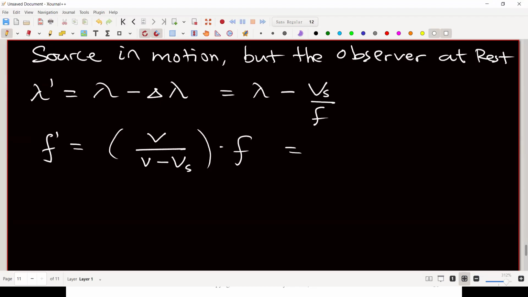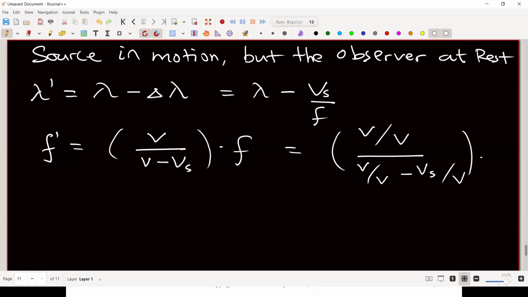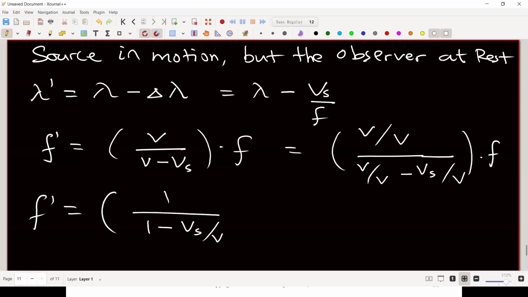So this one becomes v divided by v minus Vs divided by v times frequency. So f prime becomes 1 divided by 1 minus V source divided by v times frequency.